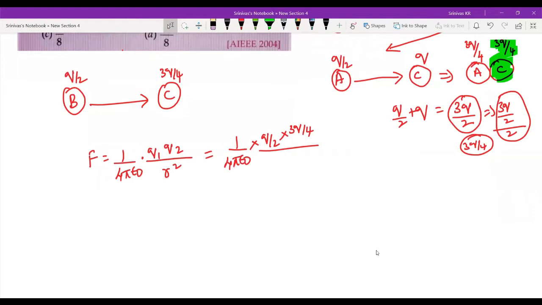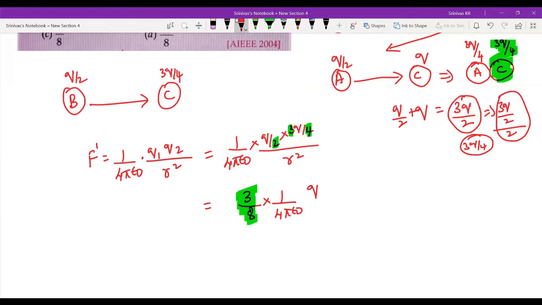So we have 1 by 4 pi epsilon naught, Q by 2 times 3Q by 4, by R square. Now the denominator: 3 by 4 times 2 is 8. So I get 3 by 8, and I take 1 by 4 pi epsilon naught Q square by R square outside.